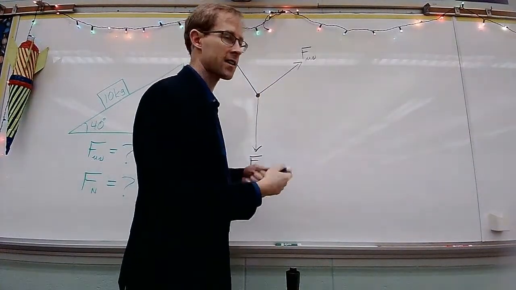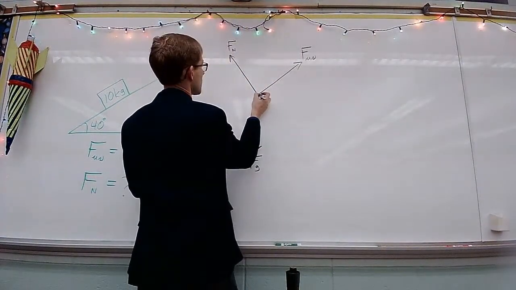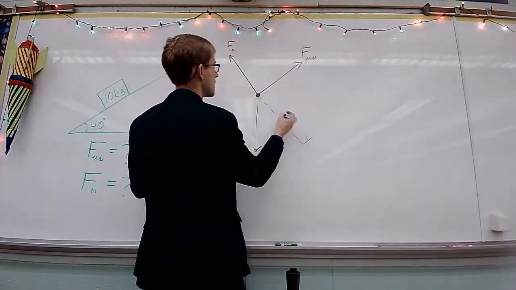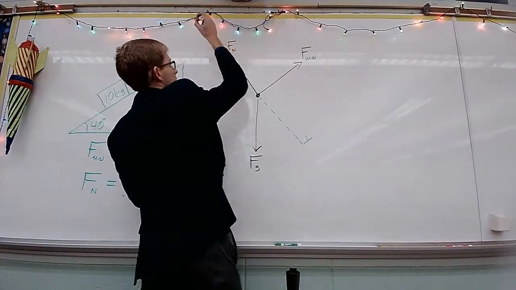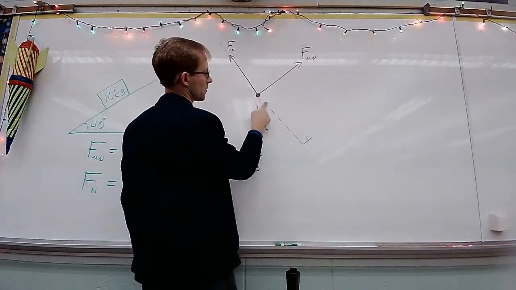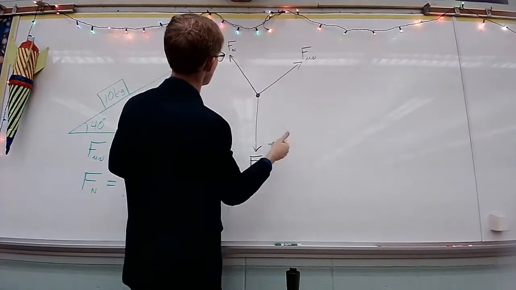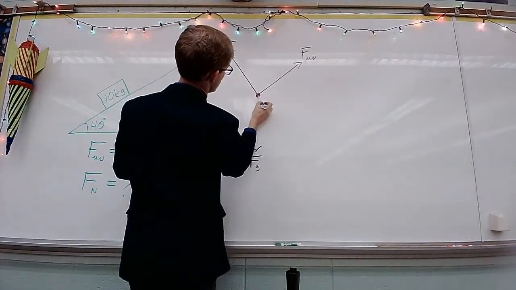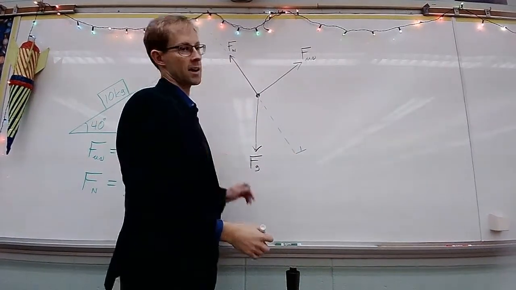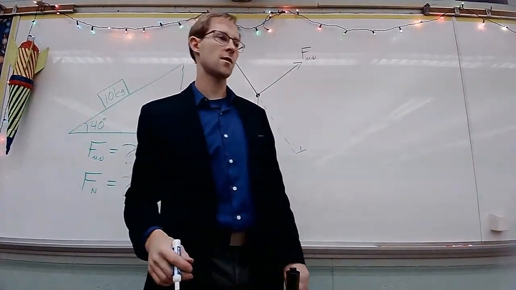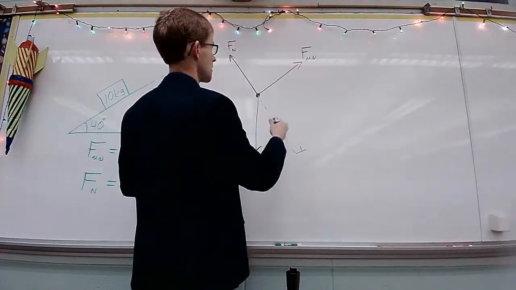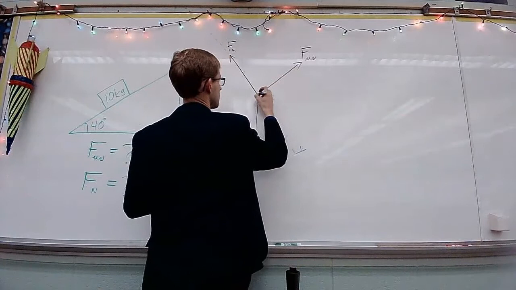Your y-axis always is going to match up with your normal force. It will always be perpendicular to the surface. Your x-axis is always going to match up with your force of friction. And so that's always going to run parallel to the surface.